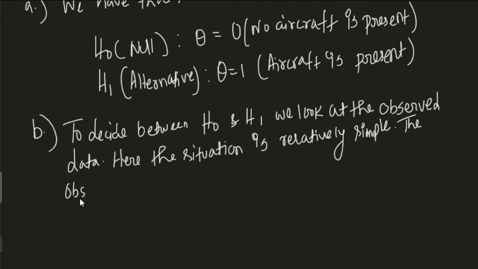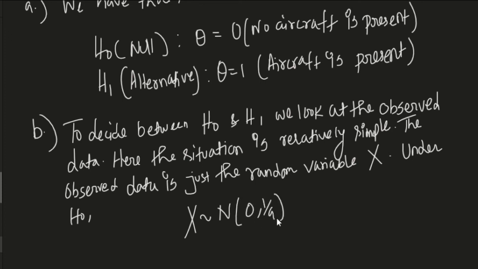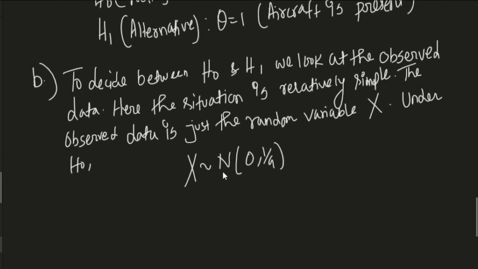The observed data, random variable X, under H naught, follows a normal distribution with mean 0 and variance 1 by 9, and under H1, what happens?